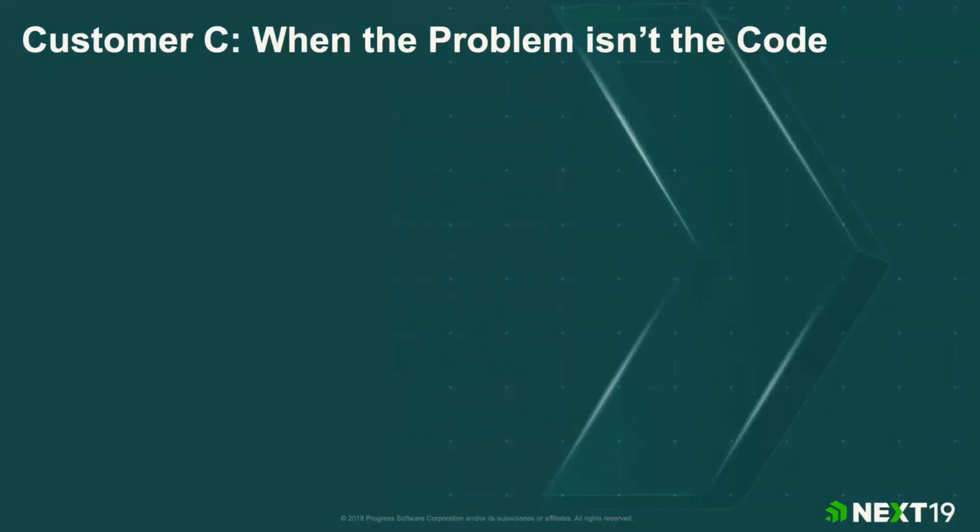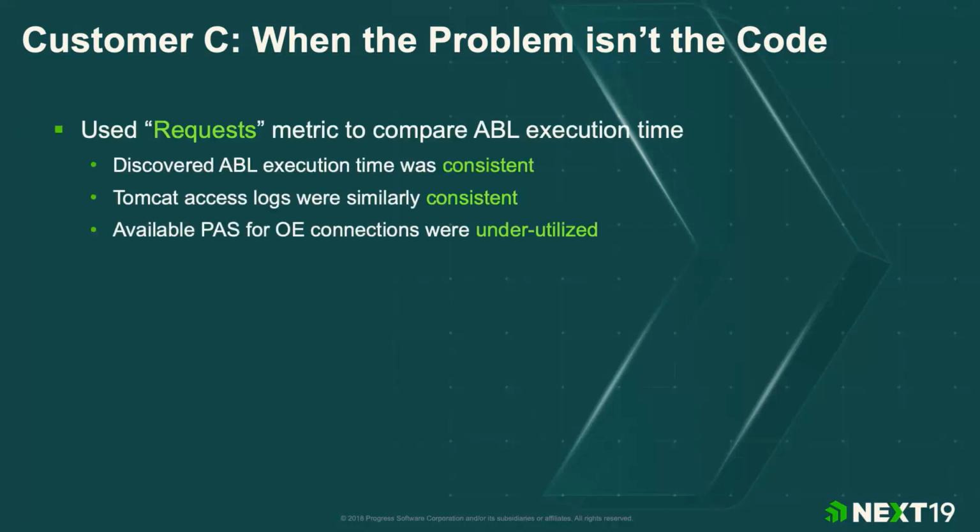So here's an issue of when the problem isn't actually the ABL code. There's one metric endpoint called requests, which basically says what was executed in ABL. Every time that something goes through the ABL client, it's marked in this metric. So we could see that no matter how long it took from the web server's point of view to execute, the ABL code was still running consistently.